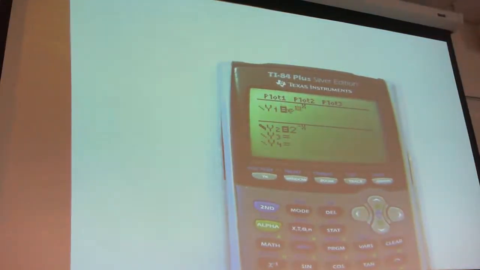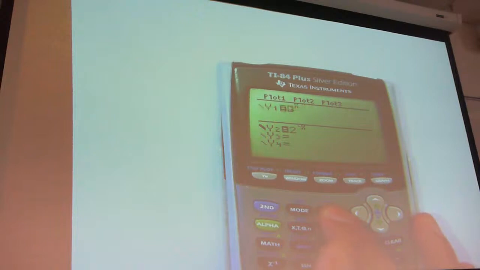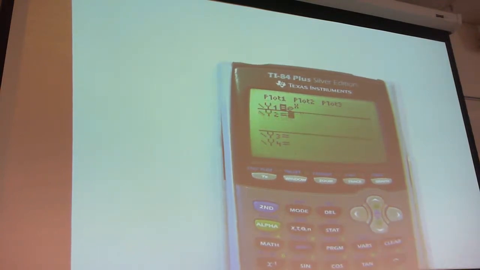In y1, let's do e, second ln, x, clear, second ln, negative x. And we can keep the same window as last time. You notice it looks very similar. Last time we did 2 raised to the x, and e is 2.78, so they look very similar. Okay? Just getting comfortable.